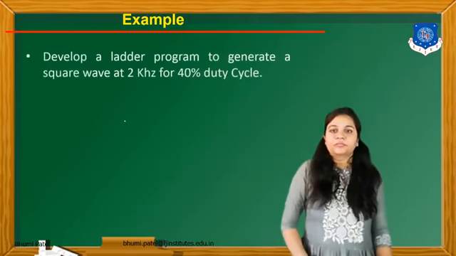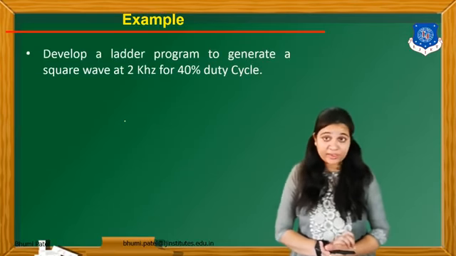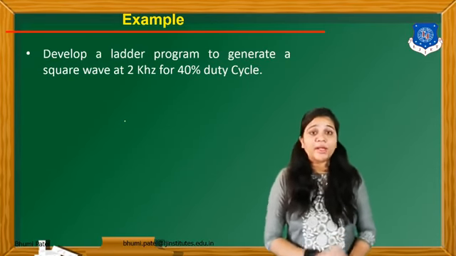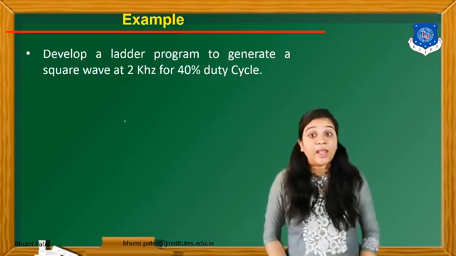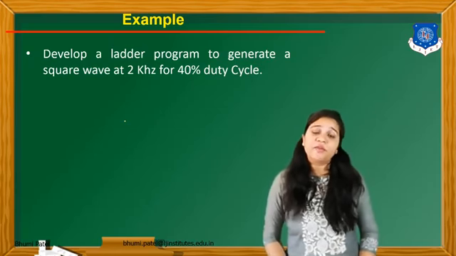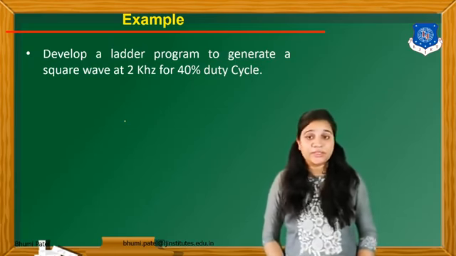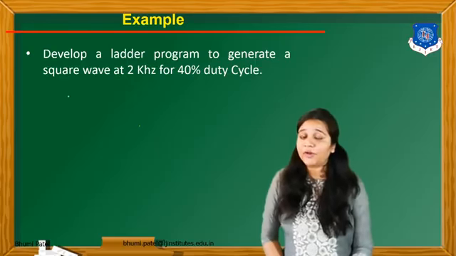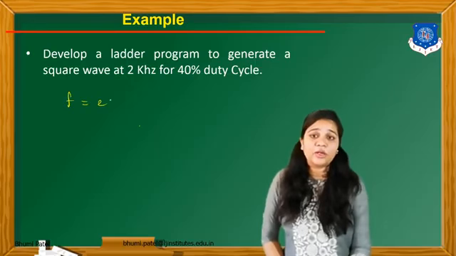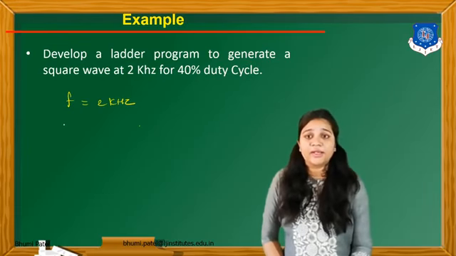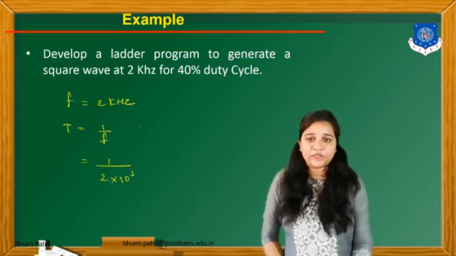Clear? Now the next program is to develop a ladder program to generate a square wave at 2 kHz frequency for 40% duty cycle. The first target is to find the time. The frequency given is 2 kHz, so time t is equal to 1 by f, that is equal to 1 by 2 into 10 raised to 3.